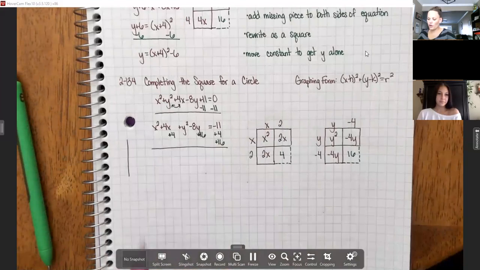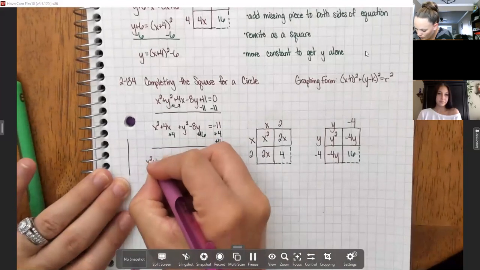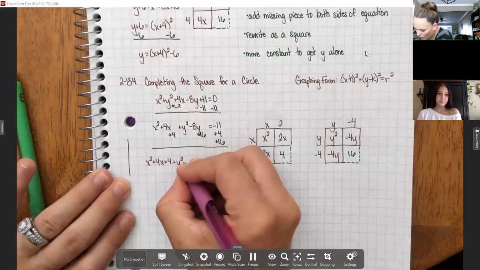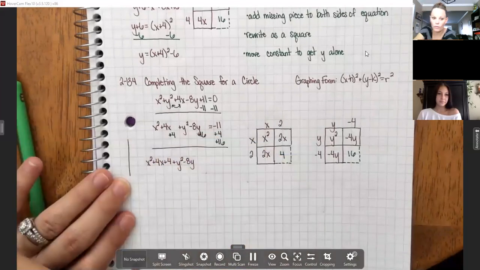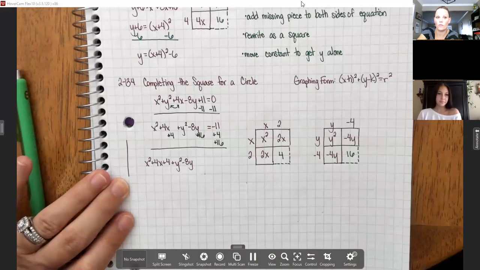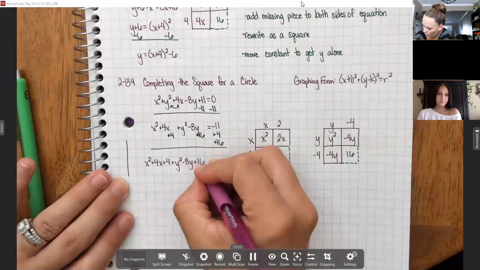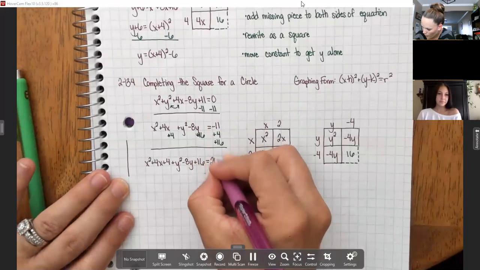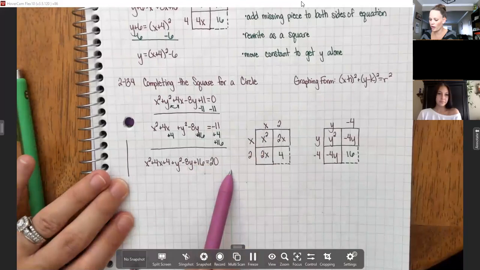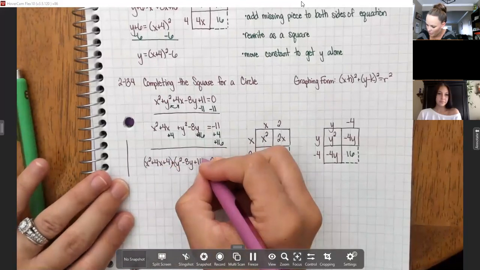And so you have two options. Some of you will write it this way. So that's just showing you what it looks like written out, where x's and y's are separated.